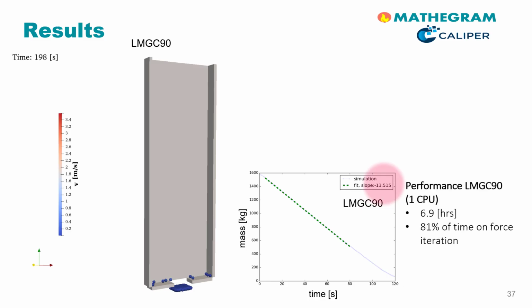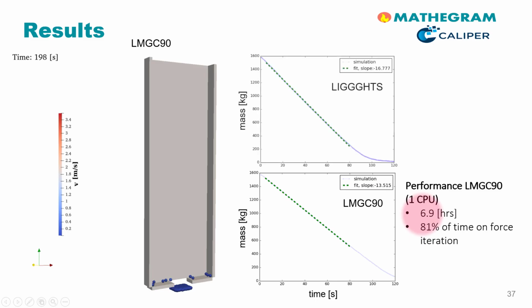Looking at the performance metrics, we see that the LMGC90 simulator requires approximately 7 hours to simulate the full discharge process. 81% of this time is spent for the fourth iteration, stressing that for comparably dense flows such as the one in our hopper, this iteration takes truly a lot of time.